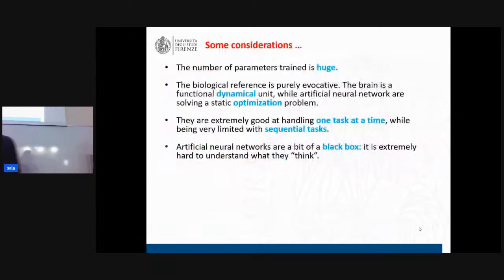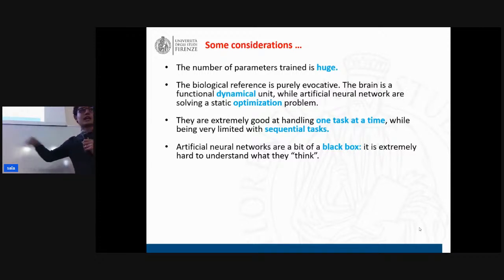And just to give some considerations about this very brief overview of machine learning from this perspective, before I show you a couple of applications. First, the number of parameters that we train is huge, okay? For a small network it is tens or hundreds of thousands, up to the very state-of-the-art, the ChatGPT-like models, which are now on the order of trillions of parameters, okay?